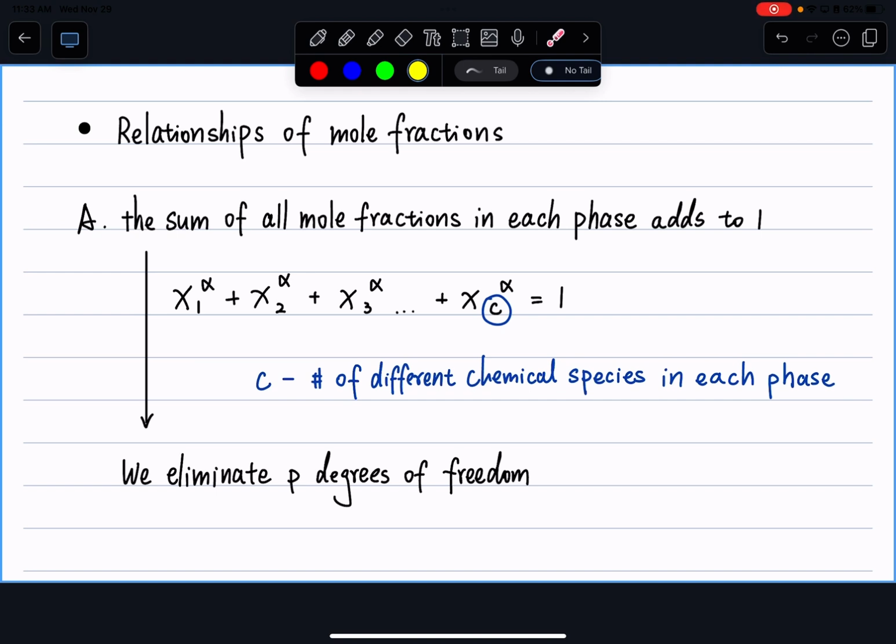So for every phase we have, we can eliminate 1 degree of freedom because your mole fraction adds up to be 1. Because of this relation, we eliminate P degrees of freedom, where P is the number of phases.